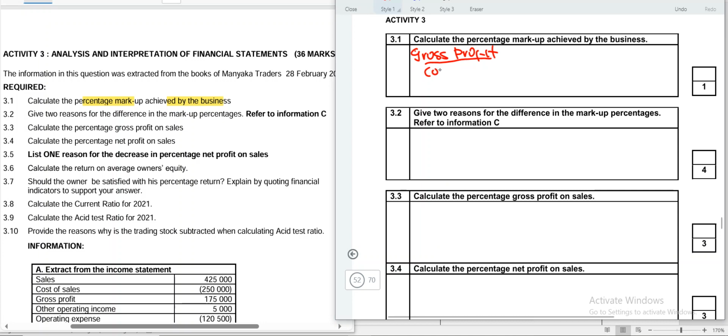Then we will multiply by 100. Now if you check this information, we are going to get the information from the income statement. What I will do, because I don't have enough space, is let me see if I can write it in a way that you guys will be able to relate.